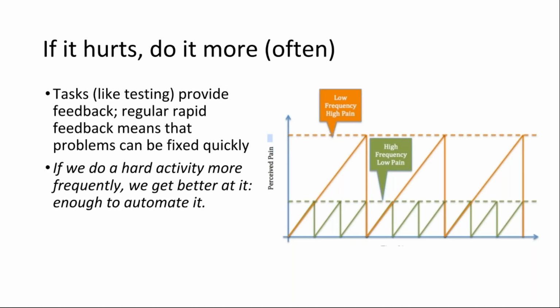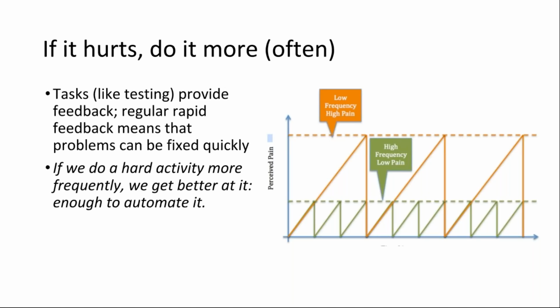And if they hurt, we need to understand why the hurt occurs, but also if we do them more often, we tend to learn how to do them better. If we can do them better, more efficiently, we have a process to follow, perhaps the opportunity is there to automate it. So there's this mantra of if it hurts, do it more often, automate it.